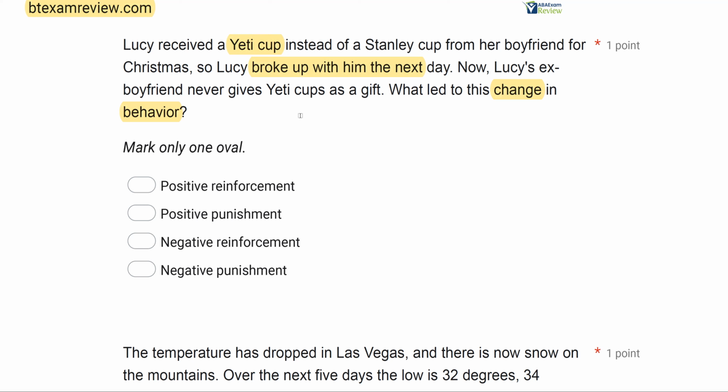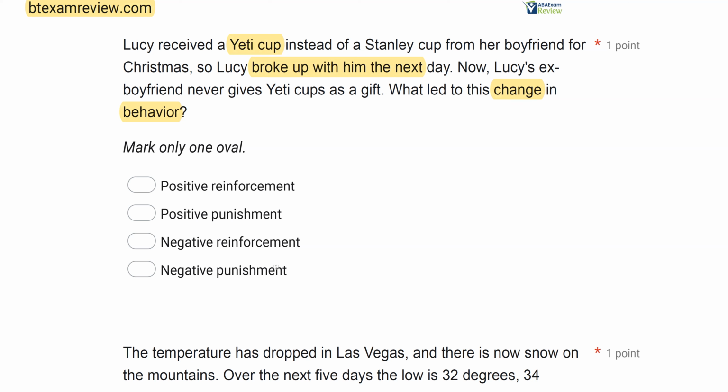Well, Lucy broke up with him. So she added this breakup scenario, the stimulus of breaking up with the boyfriend. So something was added, making it positive. So what led to that change? A, positive reinforcement. The breaking up scenario was added, but the behavior was not reinforced because in the future it decreased. So B, positive punishment, is much more accurate.